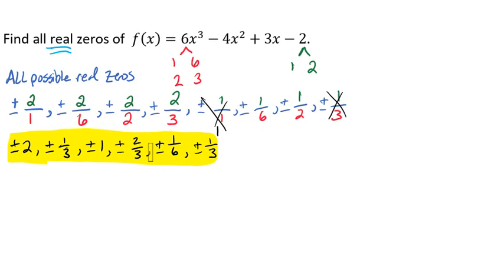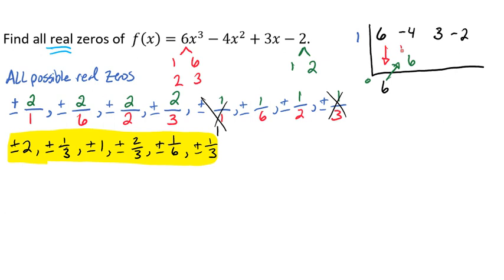So what we could do is try guessing and doing some synthetic division. 6, -4, 3, and -2. Maybe a positive 1 is the answer. Let's try that. We bring down our 6. Then we multiply: 6 times 1 is 6.